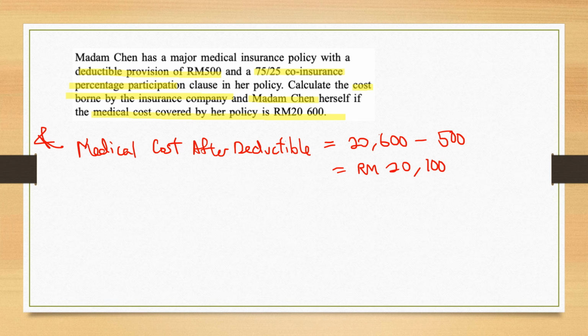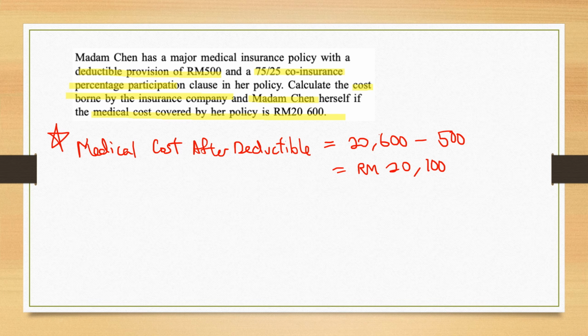This is something you need to take note of. You do this every time for any question related to co-insurance for health policy, medical policies. So now we can move on to calculate 75% for the insurance company.